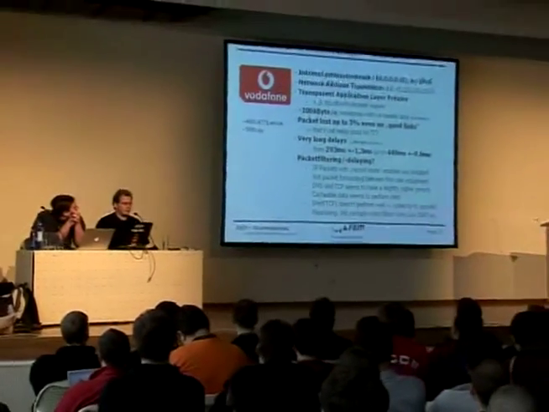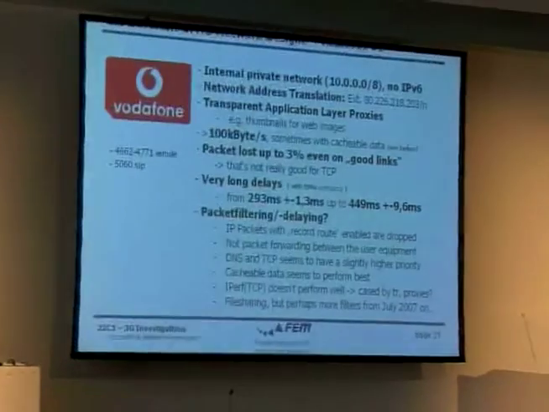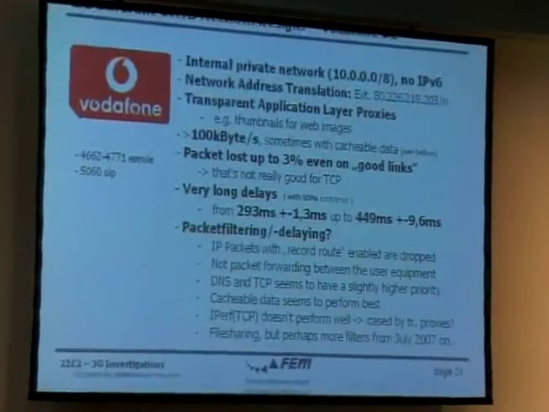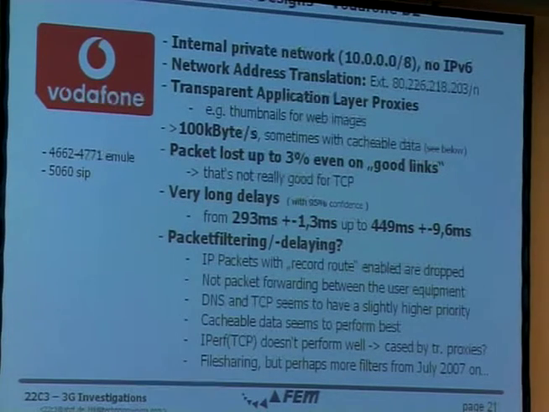Okay, let's start with Vodafone, which is formerly known as D2 in Germany. When you set up your tunnel to the GGSN, you're part of an internal private network in a 10.0.0.0/8 network, and no IPv6 is available.